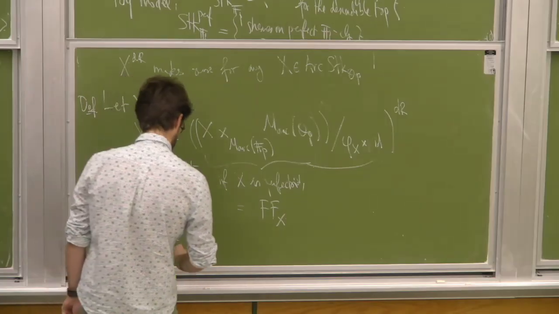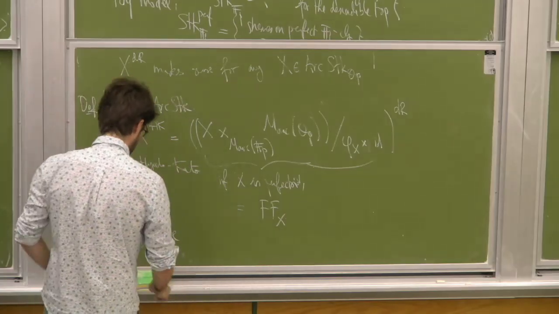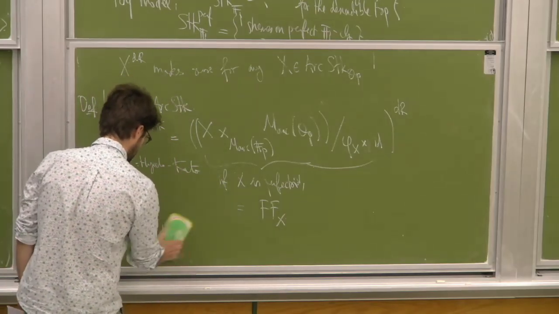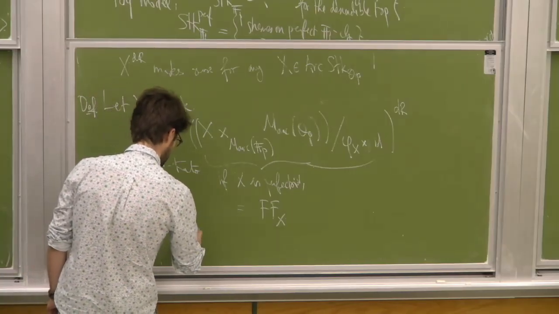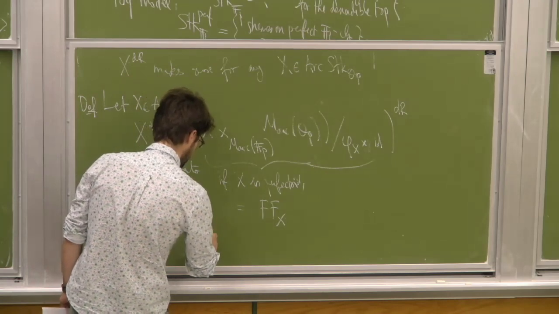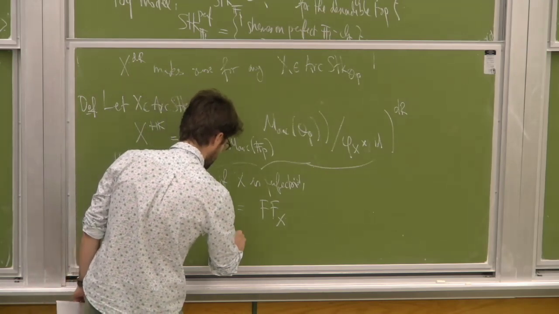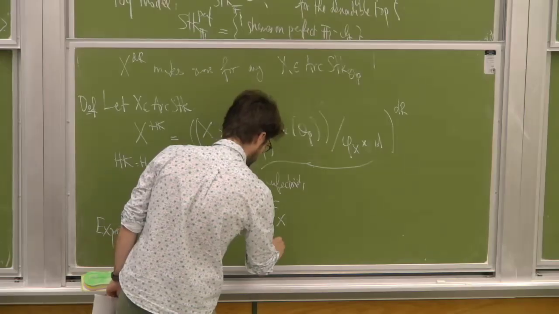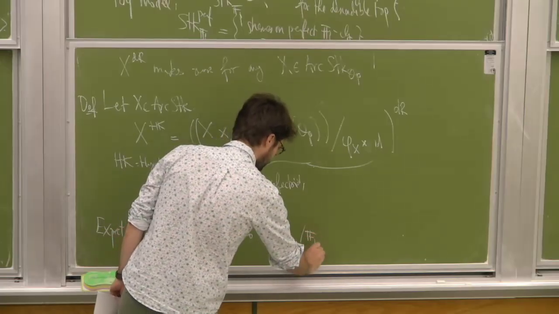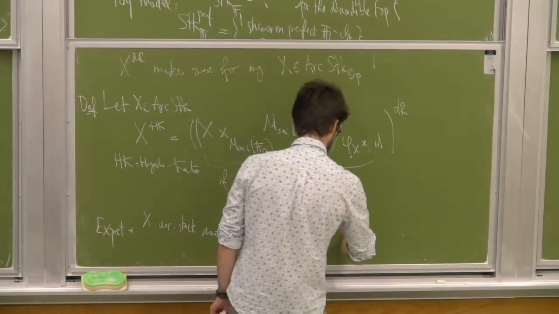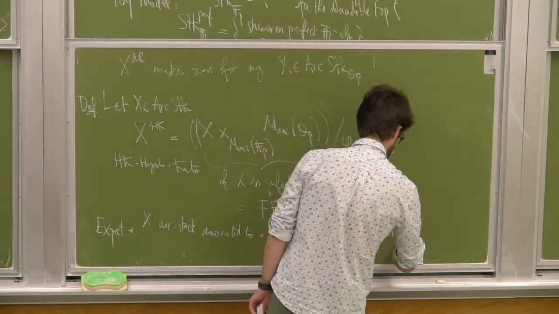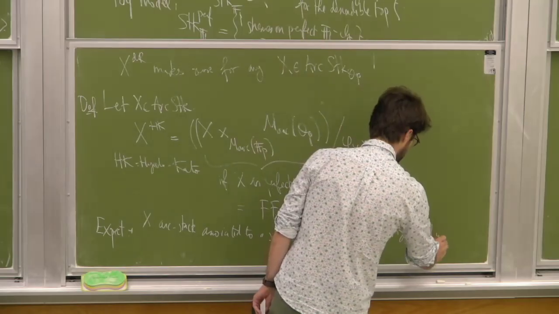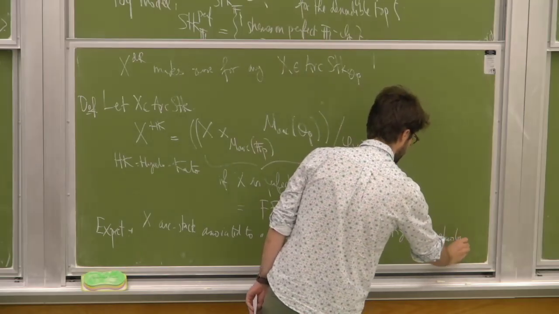So the expectation: if X is the arc stack associated to a scheme in characteristic p, then we expect that the Yodo-Kato stack is, in this case, geometrizing rigid cohomology, in the sense that its coherent cohomology should be rigid cohomology.